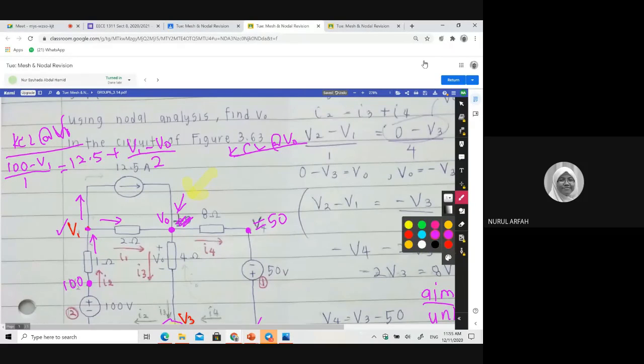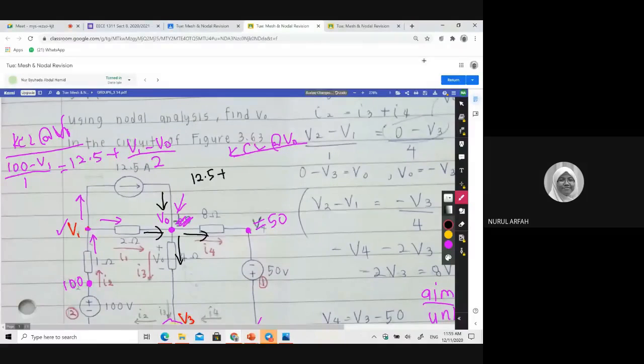Maybe I change the color to black. And this is going this way, this way, this way, and this way. That's 4, right? So you're going to have 4 items in your equation. So you have 12.5, then entering only 2.